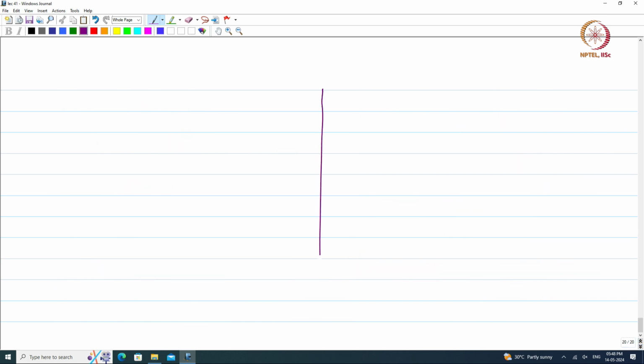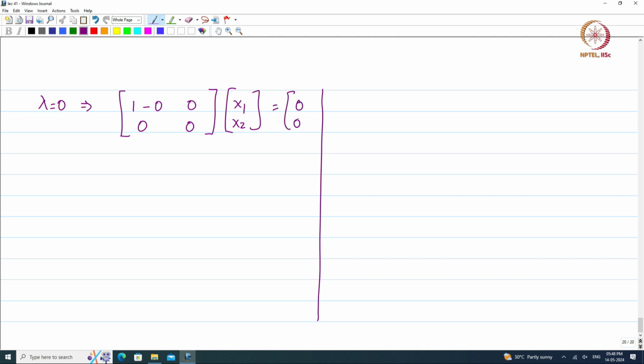So, lambda is equal to 0 implies we have this 1 minus 0, 0 0 0, x 1 x 2 is equal to 0. Which means I get x 1 is equal to 0 and 0 x 2 is equal to 0, which implies x 2 can be any real scalar.